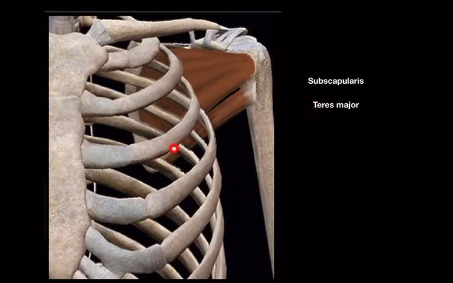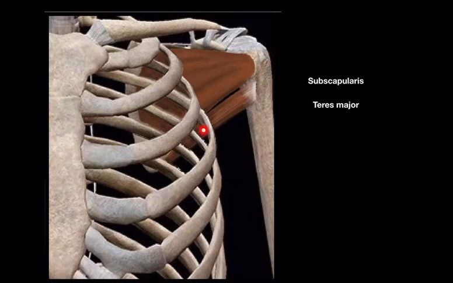You can see it arises from the lateral border of the scapula, lower one third of the lateral border of scapula, and is inserted to the medial lip of bicipital groove. So this is the lesser tubercle, this is the greater tubercle, and this is the bicipital groove. So it's to the medial lip that teres major is attached. Now what will be the action of teres major?